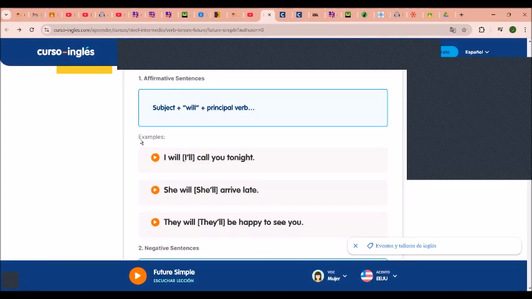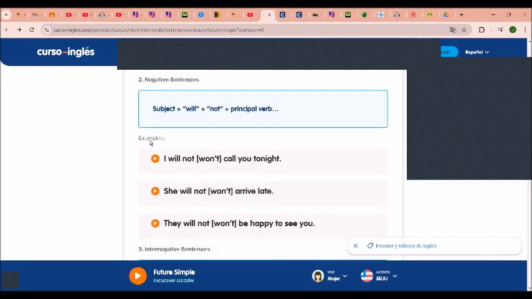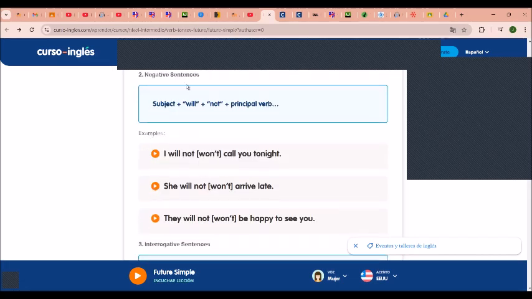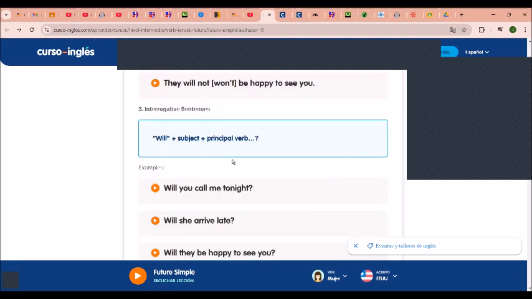Now, when we get into the negatives, when it's not happening, then we can add the not with the will, right? Your modification is happening with the auxiliary helping verbs. So I will not, he will not, they will not, they won't, she won't. All right, won't is the same as will not.